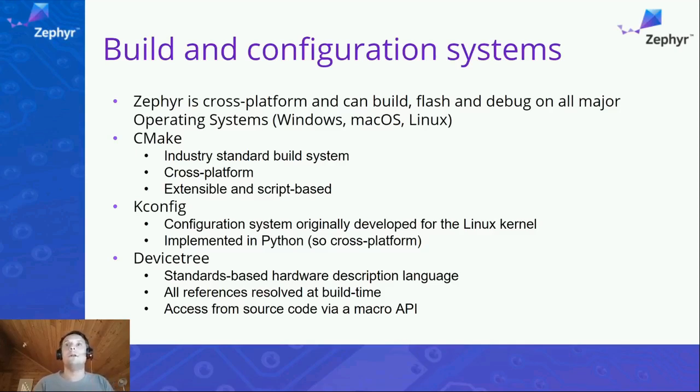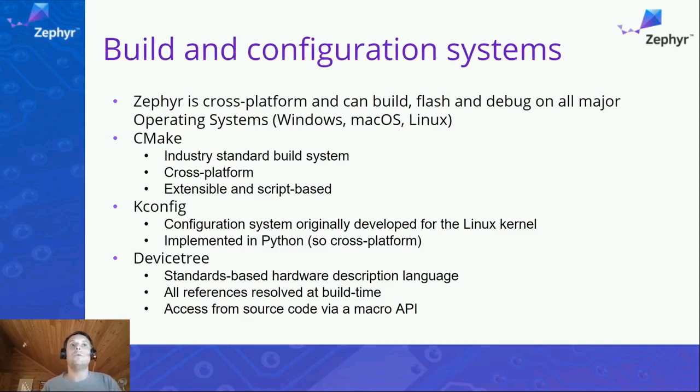So it's cross-platform for Zephyr. And then finally, to describe the hardware, the choice we made is to use devicetree, which is a standards-based hardware description language. It has its own specification, and an open development model for that specification. But we use it a little bit differently than what is done, for example, in Linux. All the references to the hardware are resolved at build time.